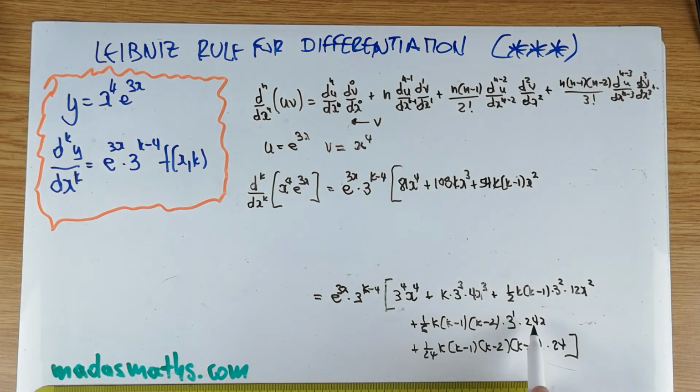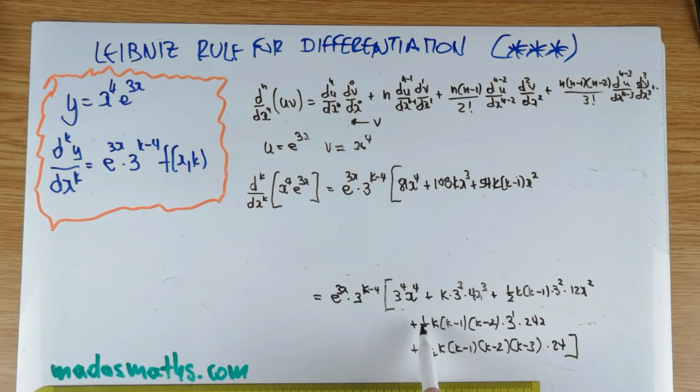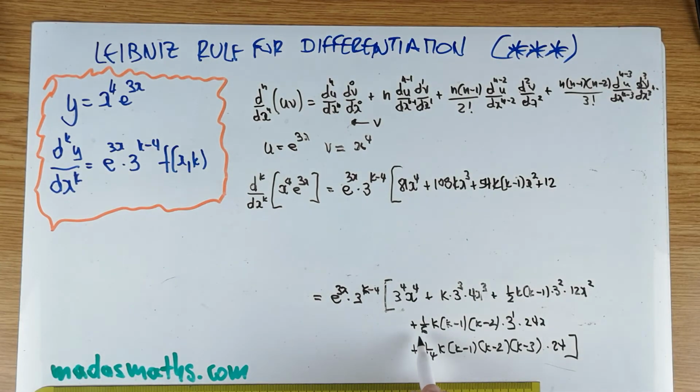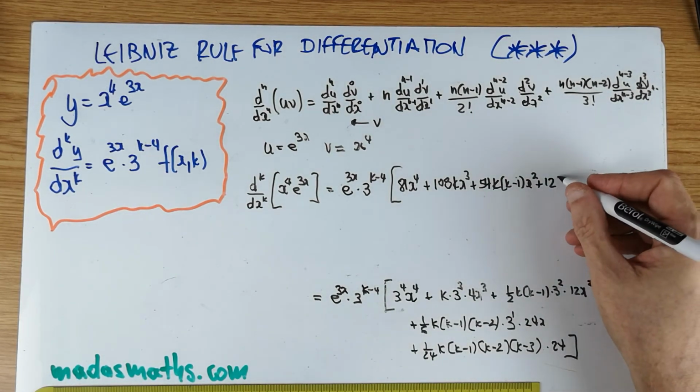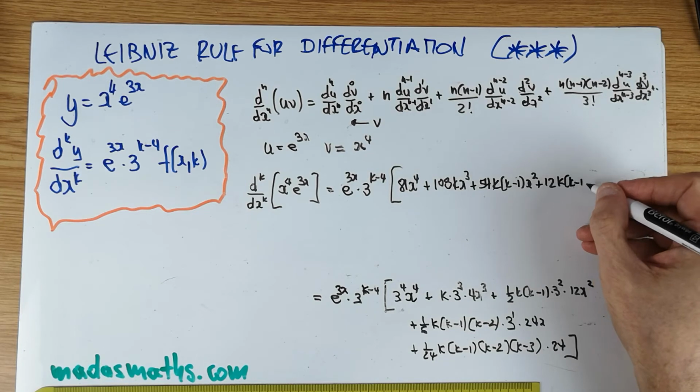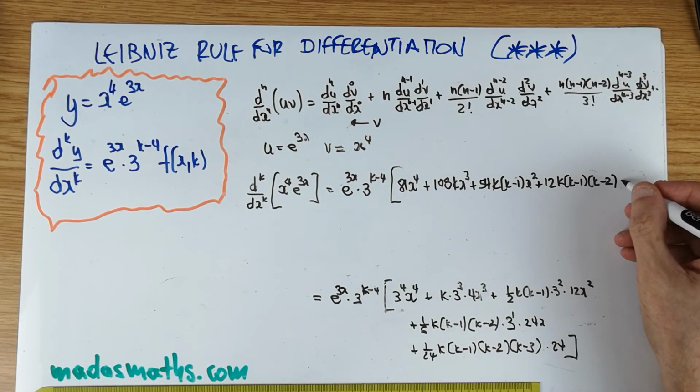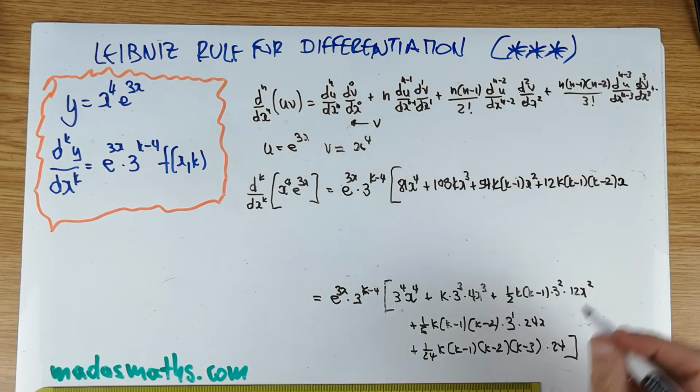Now we have this one. That's 1/6 of 24. Actually, we're going to do 3 times the 6, which is a half of 24, which in fact is a 12. Plus 12, we're on this term here. And then we go k minus 1, k minus 2. And then we got, of course, just x.